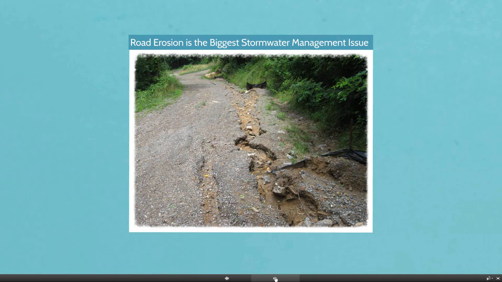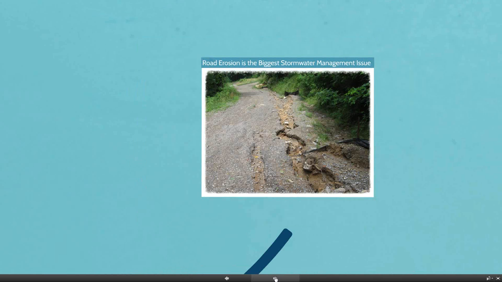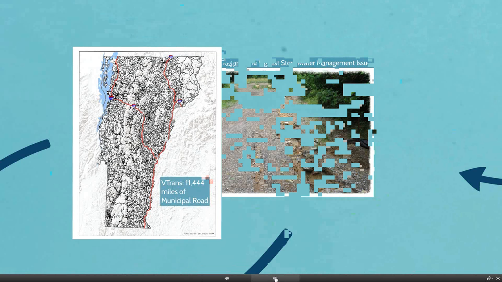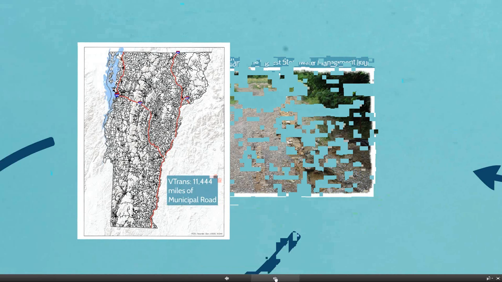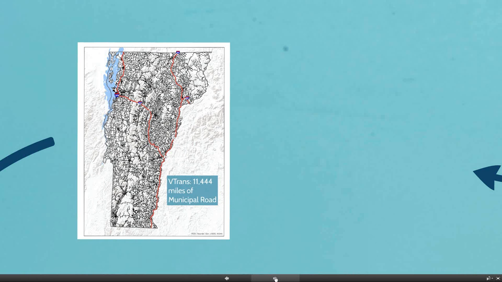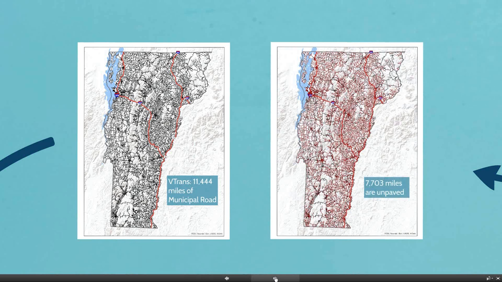And generally in these areas, road erosion is really the biggest stormwater management issue. In the state, the VTrans has over 11,000 miles of municipal roads, and over half of those are actually unpaved. So there's a huge network of unpaved roads in the state.